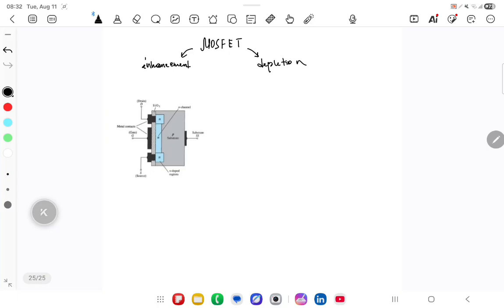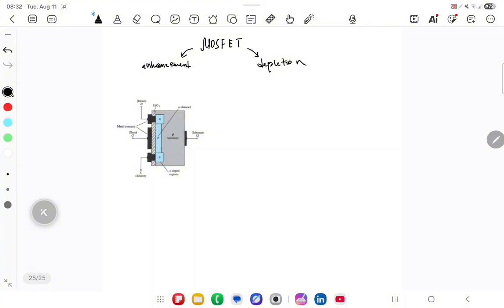The difference between enhancement and depletion is that depletion already has a conducting channel. By that I mean a channel is just a thin layer that surrounds your material, for example, the silicon in this case, and current can go through it.